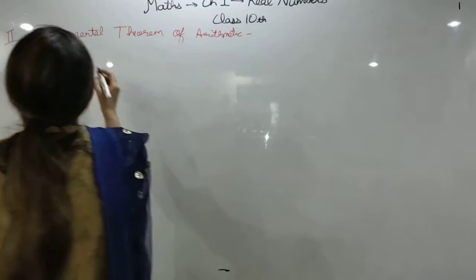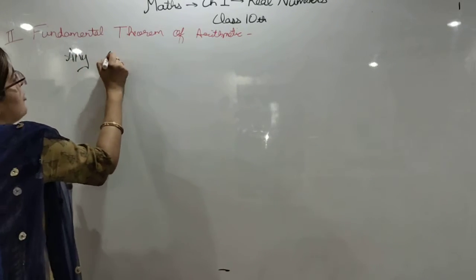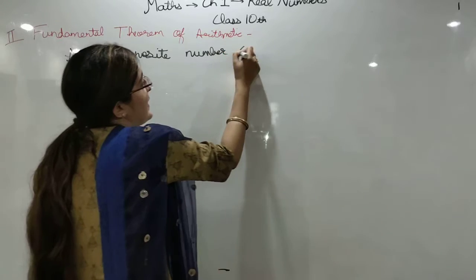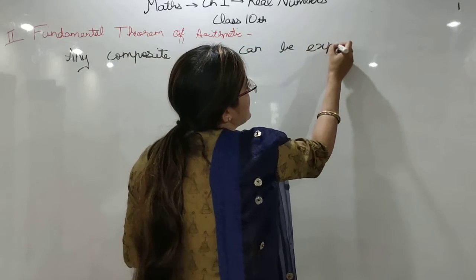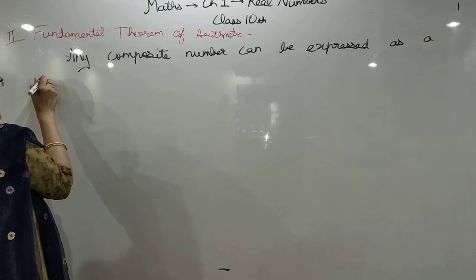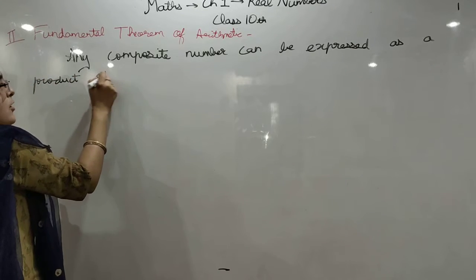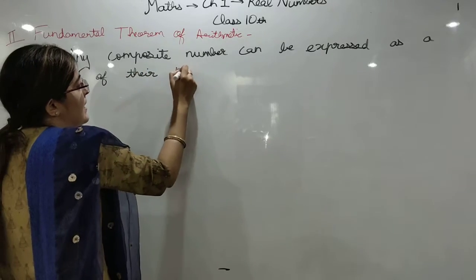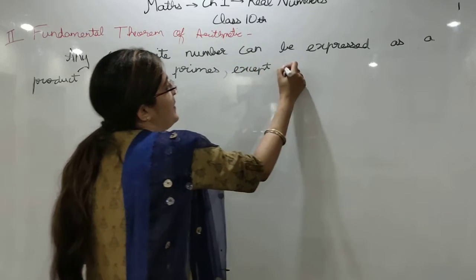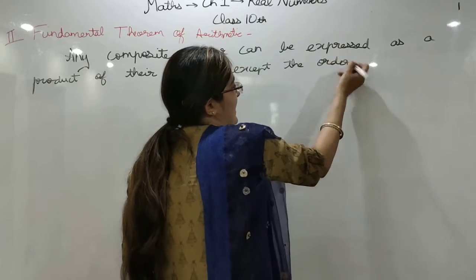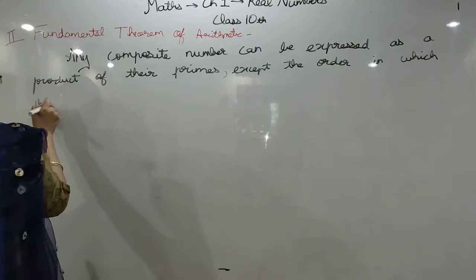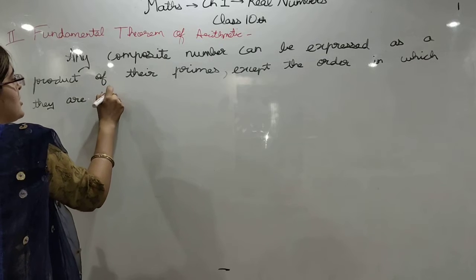Let's write the statement. The statement says that any composite number can be expressed as a product of its primes, except the order in which they are taken.